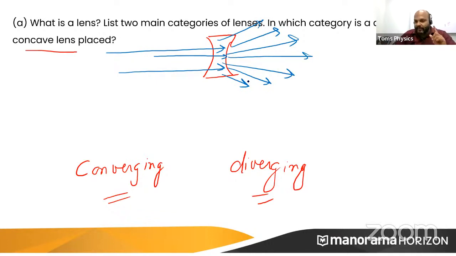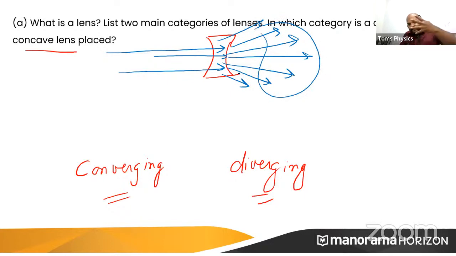Will this lens have a real focus or a virtual focus? Will the focus of this lens be real or virtual? Virtual, right? Because these rays will never meet again.